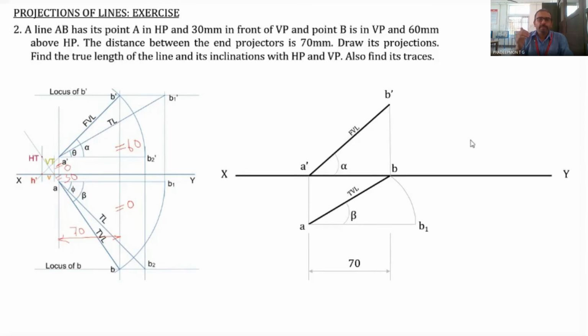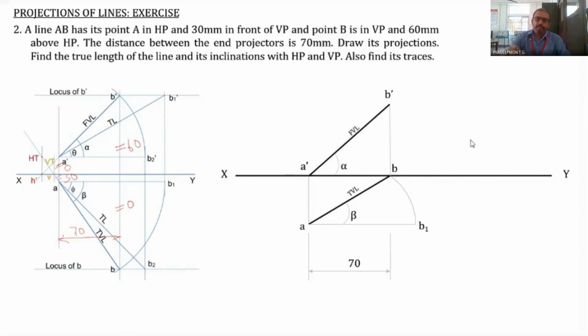But in this case, A is in HP and away from VP, but B is in VP and away from HP. So that is the difference.